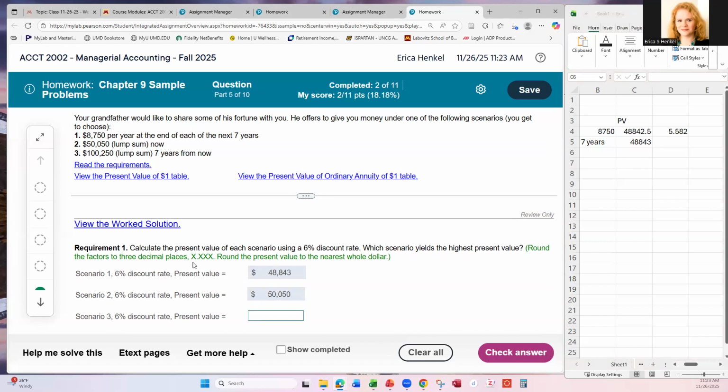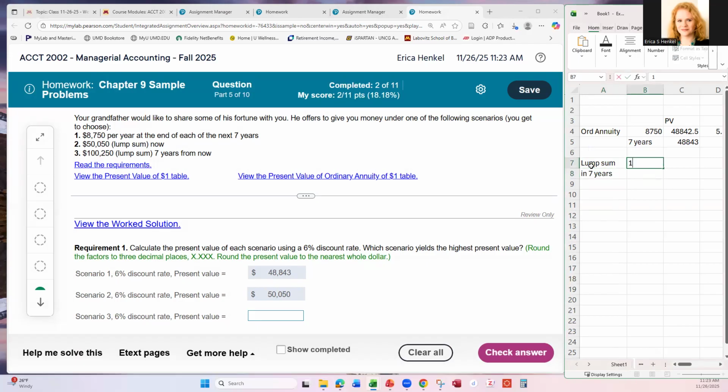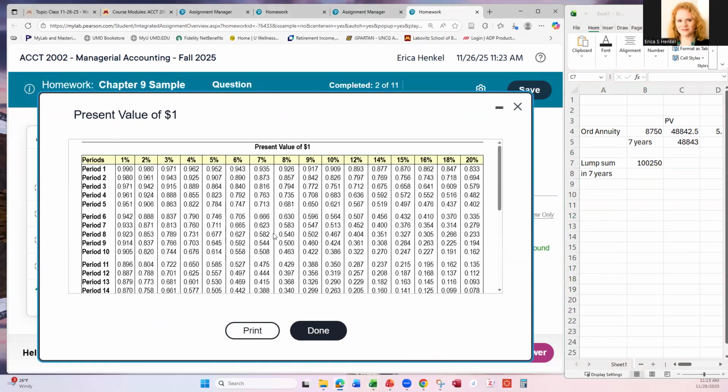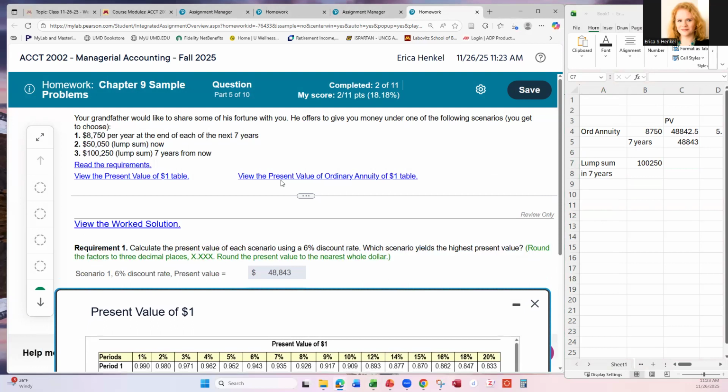Right? And then this last one is a lump sum 7 years from now. So in 7 years, we would be receiving $100,250. Since this is a lump sum, we go to this table right here, and again look for 6% and 7 years.